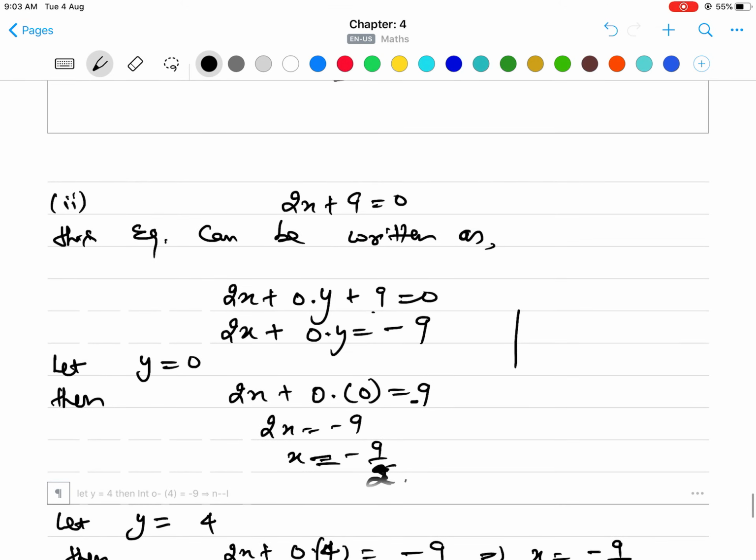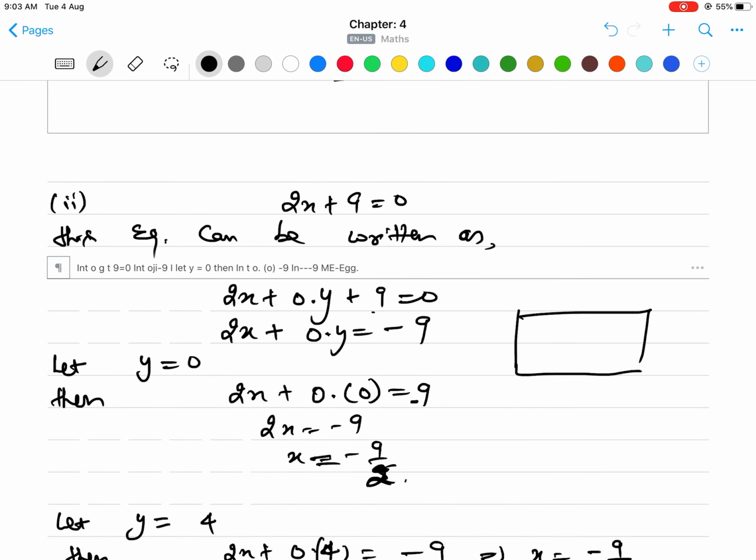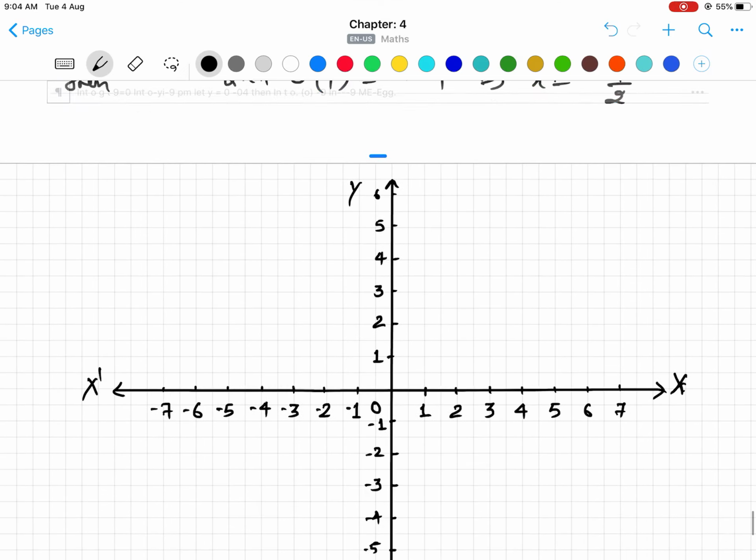Okay, so the solutions are: on taking y as 0, x is minus 9 by 2, or you can write minus 4.5. Similarly, on taking y as 4, x is again minus 4.5.